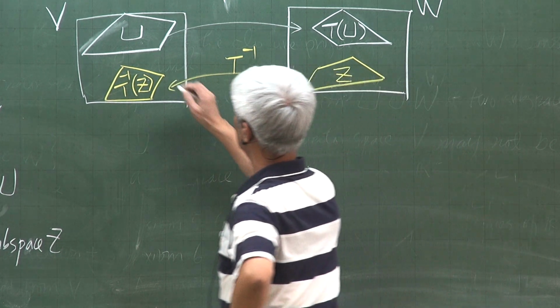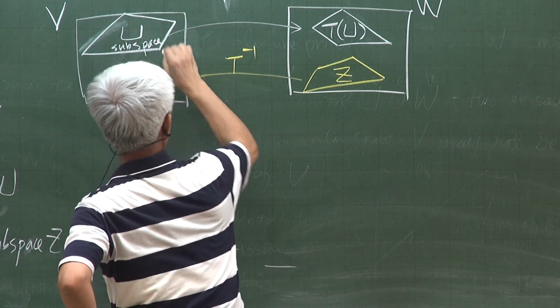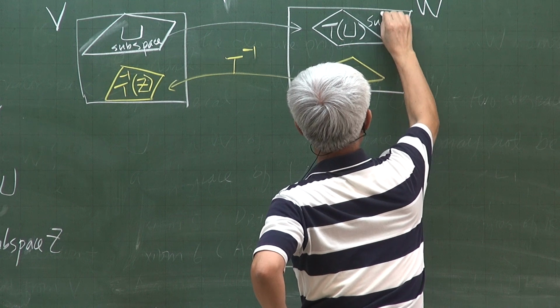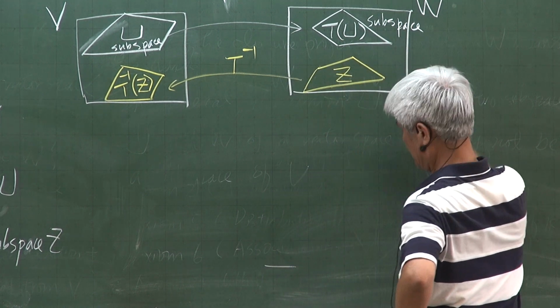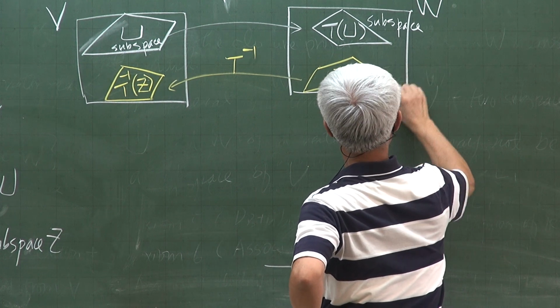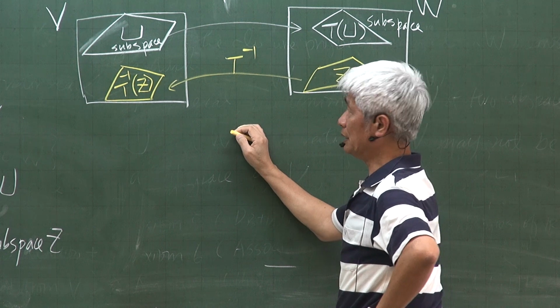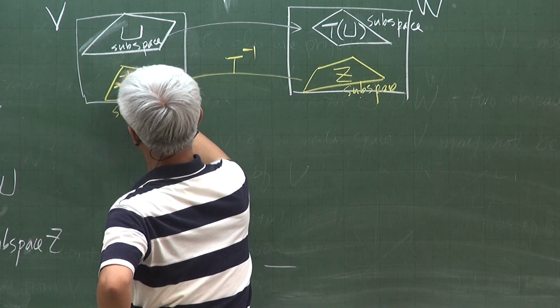Okay, so a subspace goes to a subspace in W, and a subspace in W, under the inverse mapping, goes to a subspace in V.